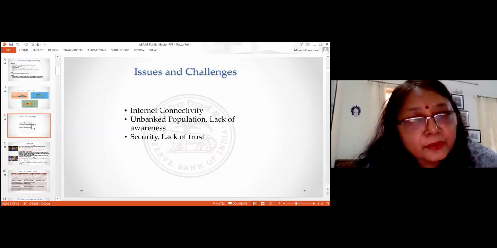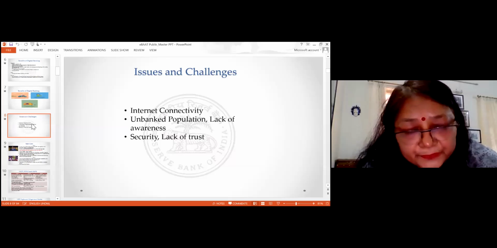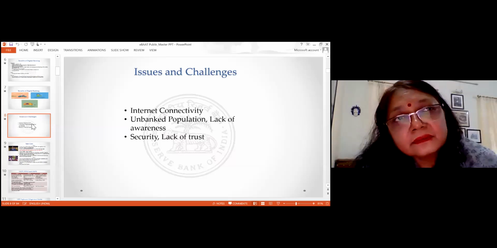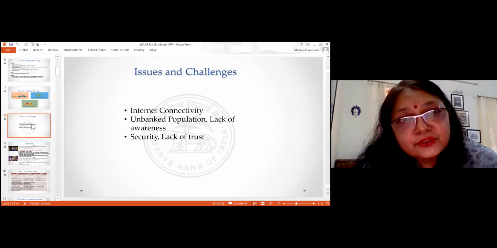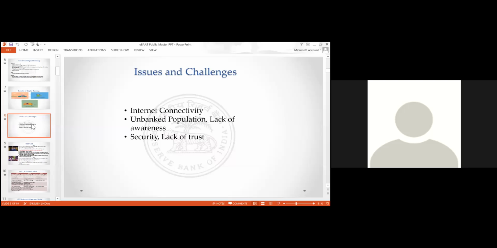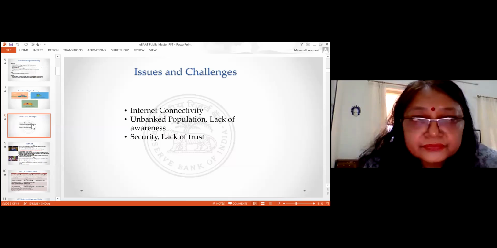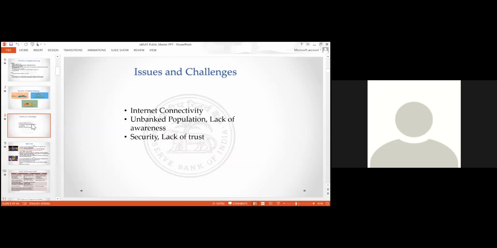NPCI is operating under our guidance, but central banks do not operate the retail payment segments. So that is the reason. But it is all under our supervision only.